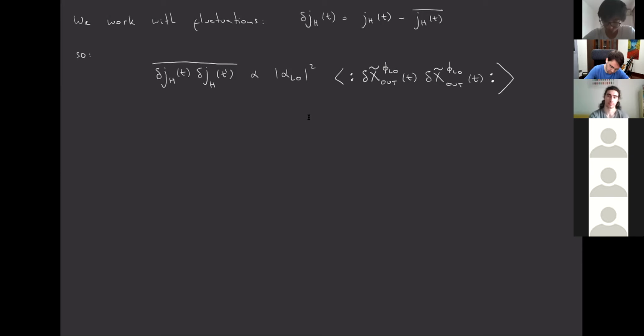Okay, so here the fluctuations of the operator, as usual, are defined just as the operator minus the quantum expectation value of that operator.